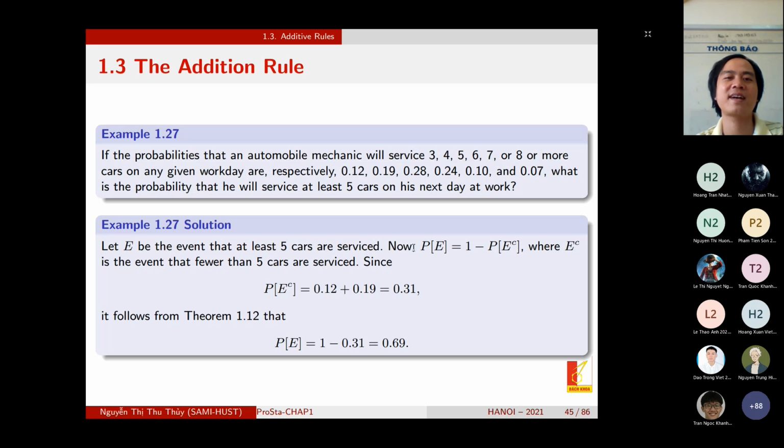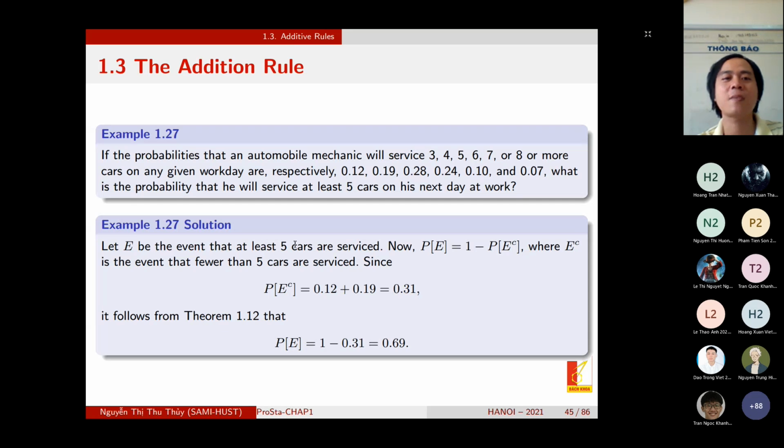Yeah, in fact, we can count in different ways. Okay, the first way you can compute the probability of the event that at least 5 cars are served. What does it mean?